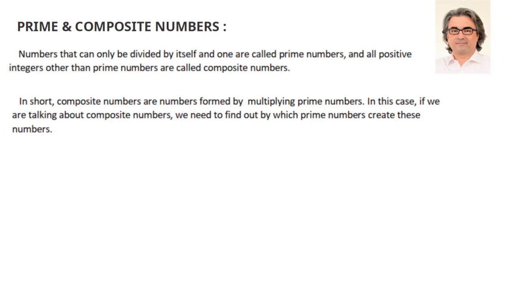The organs, our body, are like composite numbers. Our body and our organs are made up of these cells. So composite numbers are made up of prime numbers by multiplying them. Now let's write this fact on the desk again.